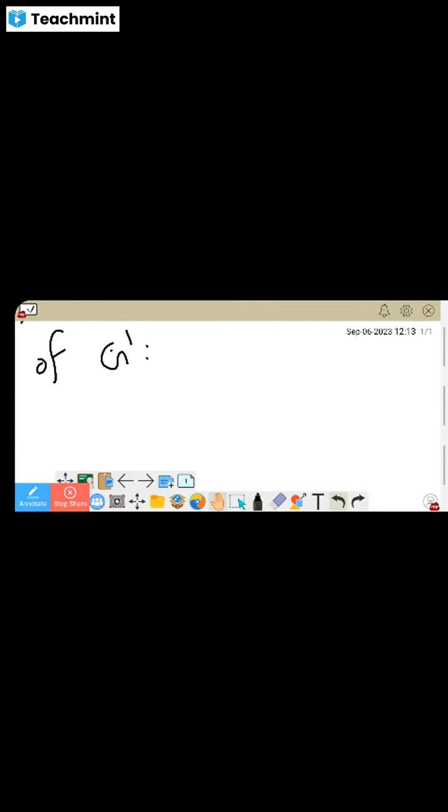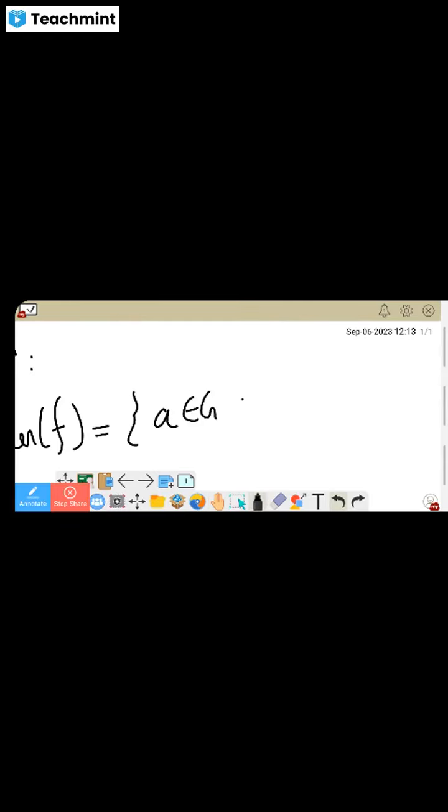Means we can define the kernel, we write ker in short, of F is equal to take A which belongs to G such that F(A) is equal to 1, meaning the identity of the second group. Got it? Yes.